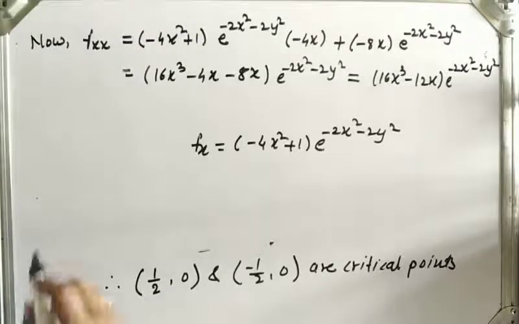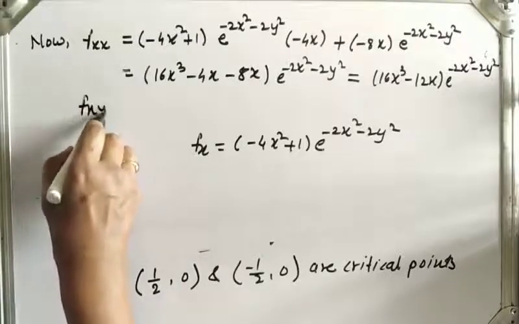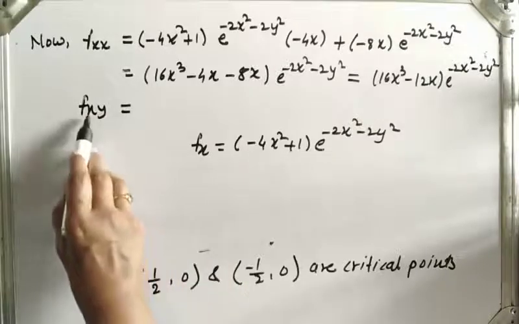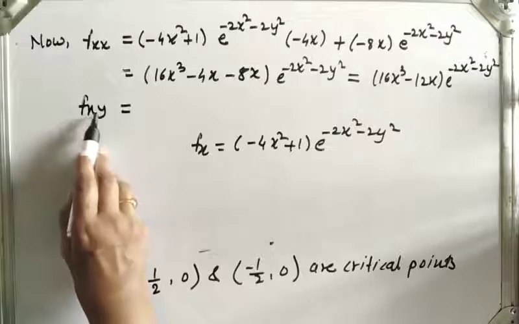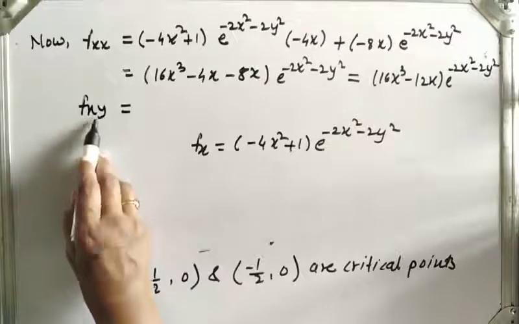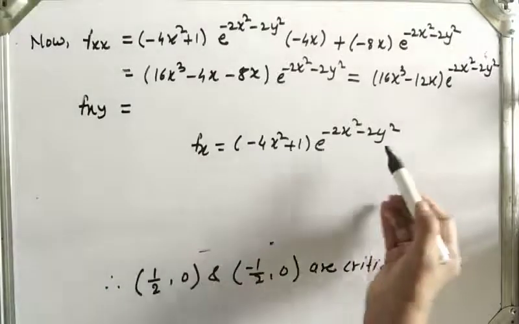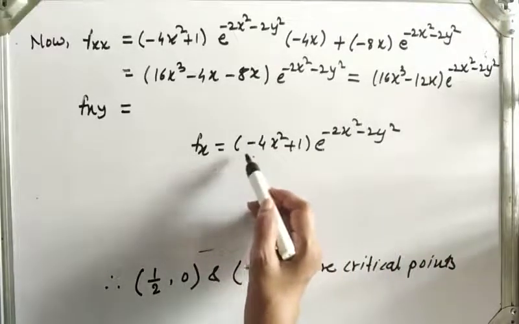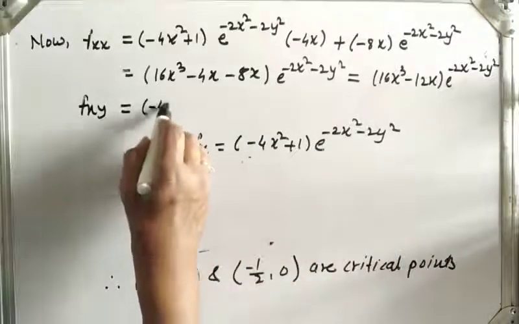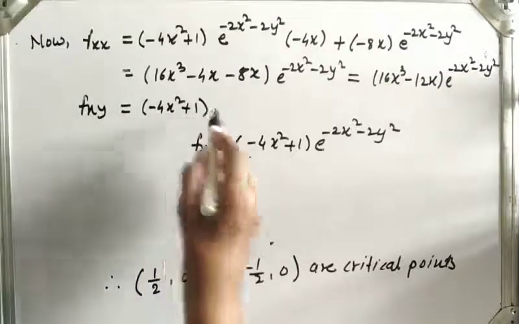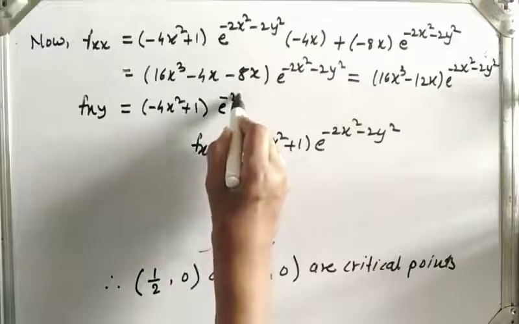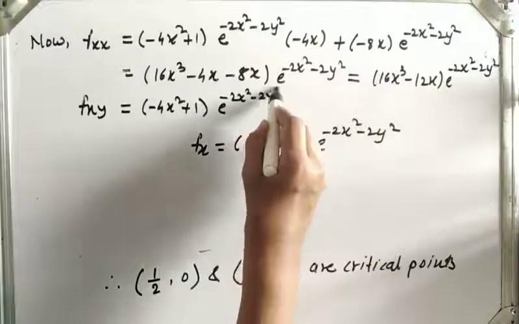After that, fxy. fxy means the partial derivative of fx with respect to y. So what will be that? Now here is only one function of y. This quantity will be constant. So keep it as it is, minus 4x square plus 1. Derivative of this with respect to y will be e raised to minus 2x square minus 2y square.